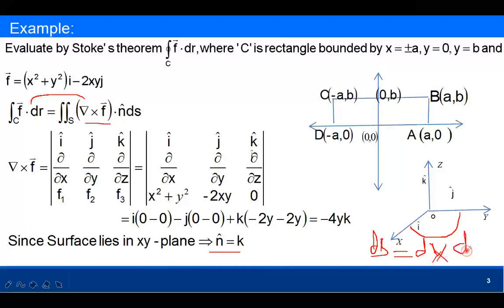So therefore del cross f equals minus 4y k, n cap equals k and ds equals dx dy. What are the limits of x and y? Since x is varying from minus a to a and y is varying from 0 to b, the x limits are minus a to a and y limits are 0 to b. So substitute these values in this.